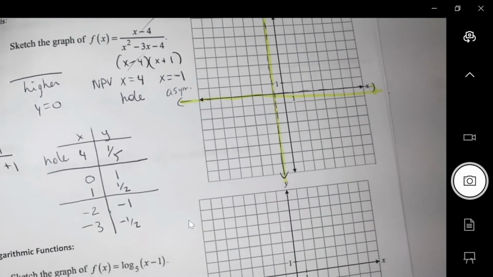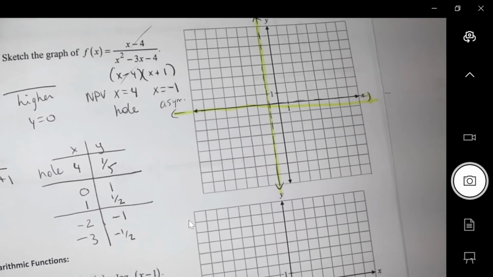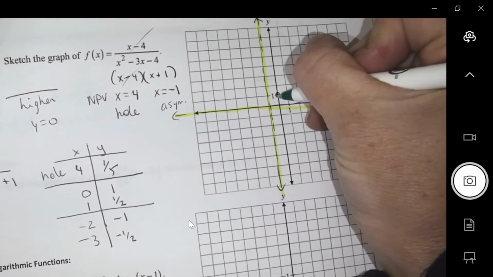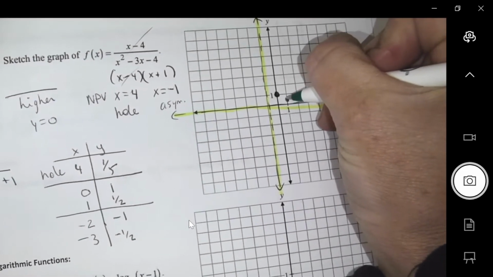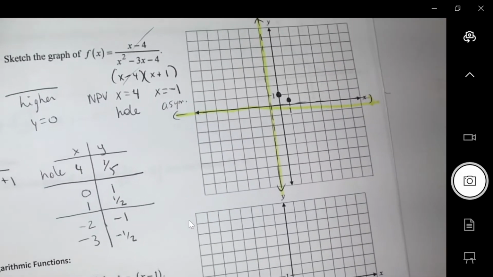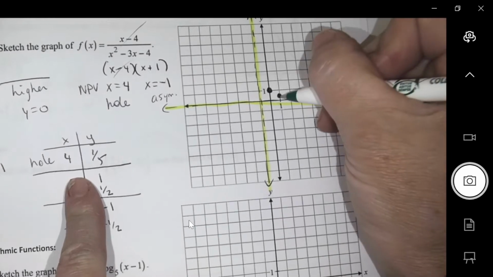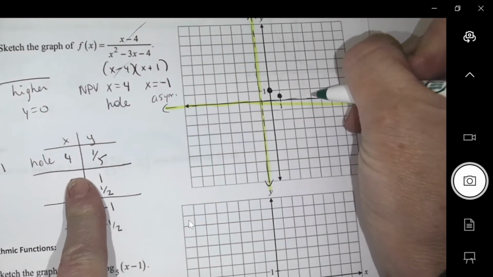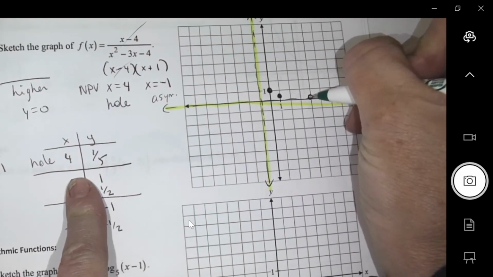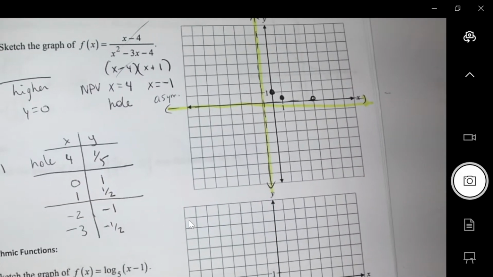Okay, so let's go 0 comma 1, 1 comma a half. And I'm also going to do the hole, so 4 comma 1/5. You got the shape?